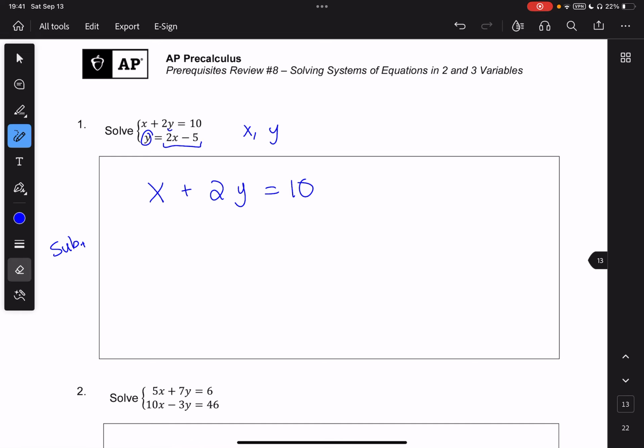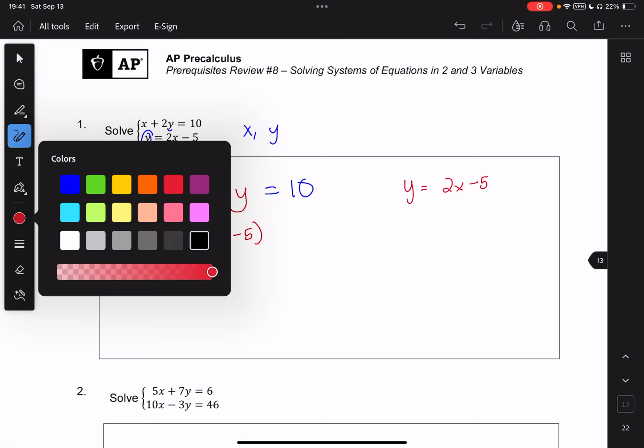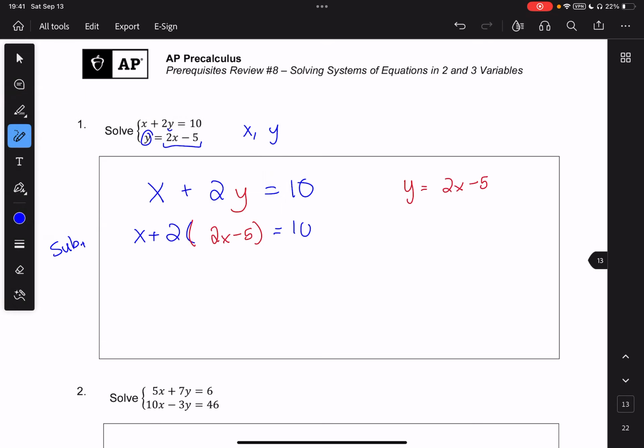So what this looks like is our y that we have in our second equation is equal to 2x minus 5. So every time we see y, we're going to plug in 2x minus 5. So we have x plus 2 times our y, which is 2x minus 5, and it's all equal to 10.